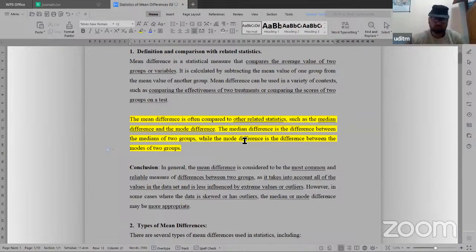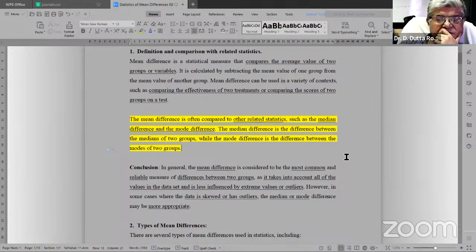Okay, should I go down, sir? One sec. But mean difference is affected by outliers. Yes, sir. But you have written that it is less influenced by extreme values.